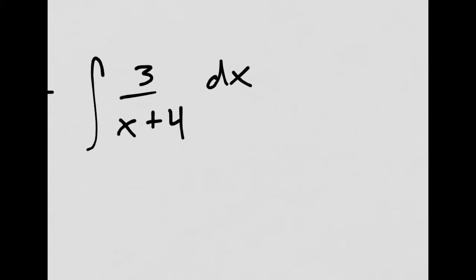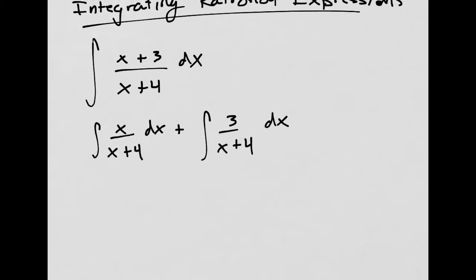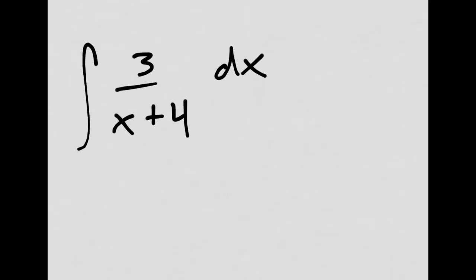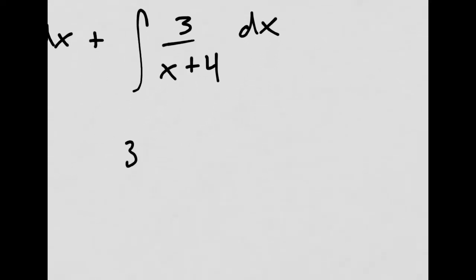So, first thing that I'm going to do is take a look at this. First, I split up the numerator, so that's what I did. And then that integral is the same thing as 3, and I'm going to do it in red. So I have 3 integral 1 over x plus 4 dx.